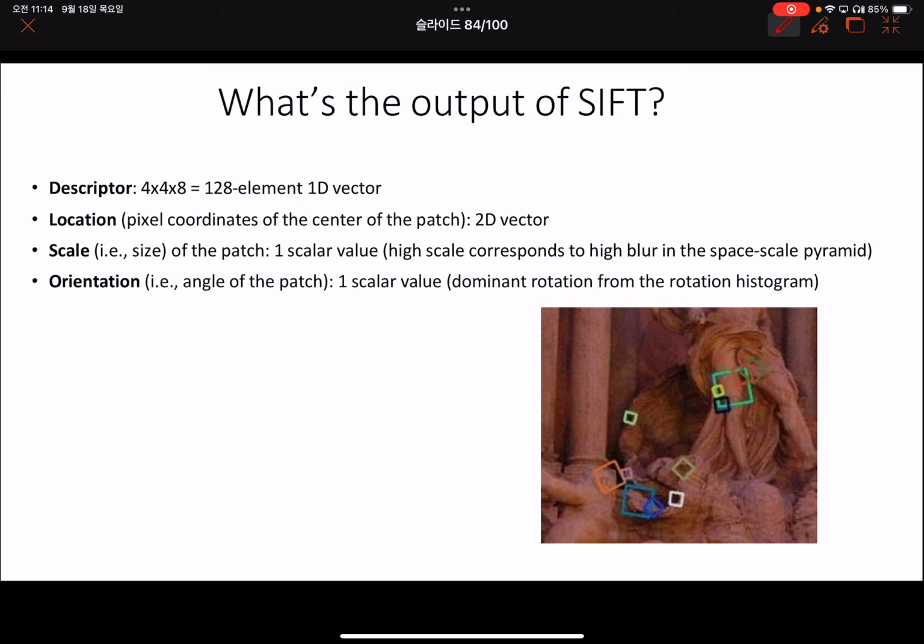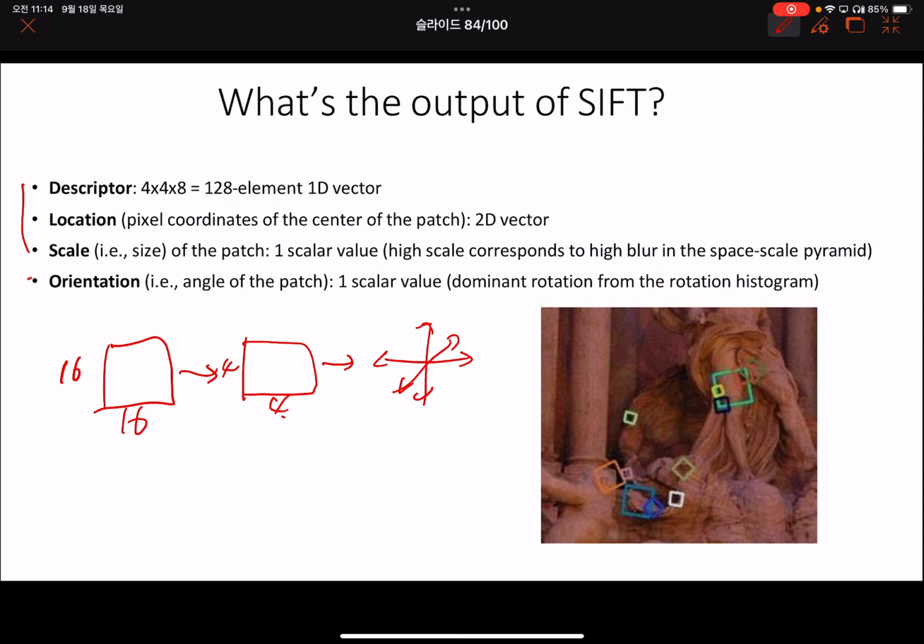So let me clarify what is the input and what is the output of SIFT. There are 4 things. Descriptor: from a 16 by 16 local patch, we make 4 by 4 cells, and then there are 8-bin histograms, right? So this makes 4 by 4 by 8, meaning a 128-element 1D vector.